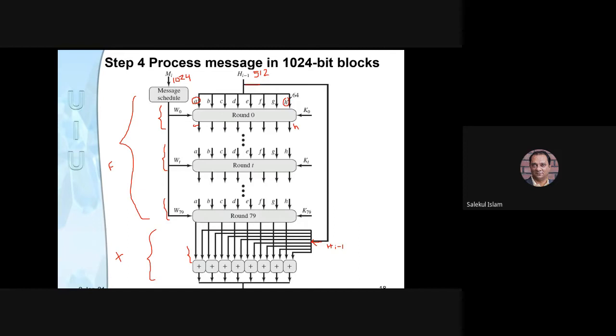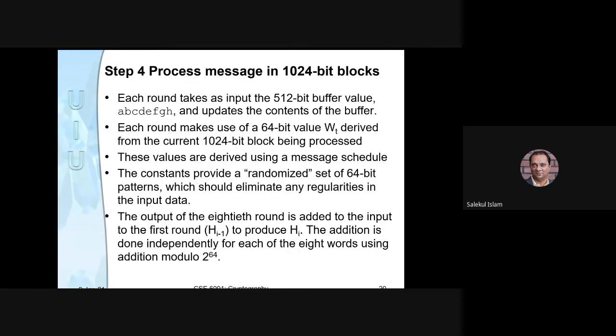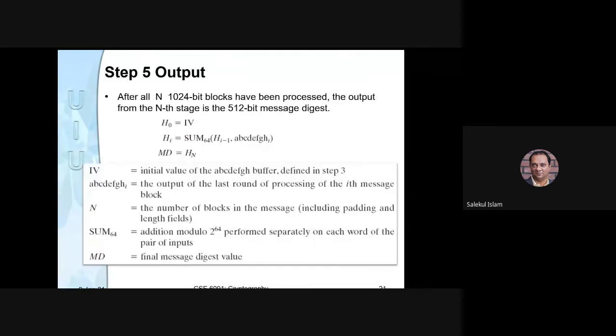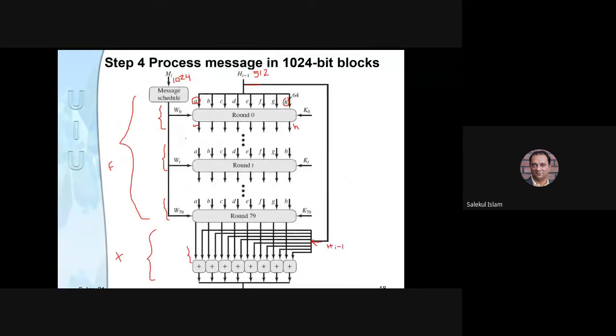Now, we have almost explained everything. We have not explained a few details, and I'm afraid we are not going to discuss those details. We are not going to discuss what we have inside this round function, because it is very complicated, with too many steps, XORs and those things.